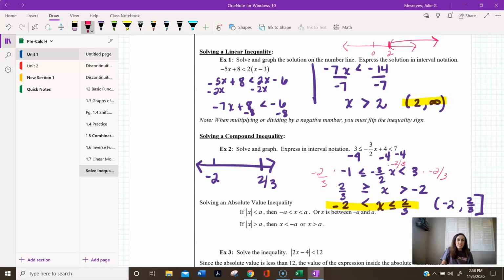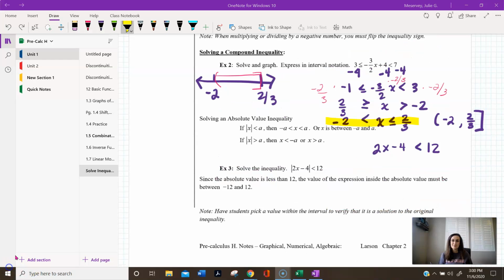So interval notation, it would look something like a parenthesis and then a bracket, and then it's everything in between. Now you could use an open circle instead of a parenthesis and a closed circle instead of the bracket.